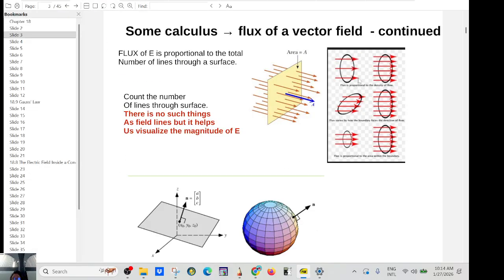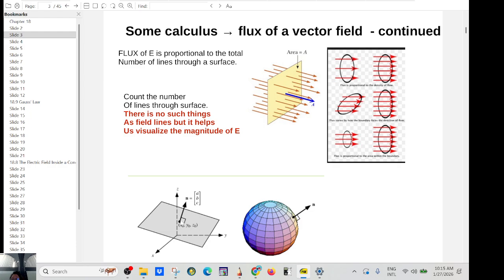So again, the flux depends on, of course, how strong the field is. For example, if the water is flowing faster, the velocity is larger, so you're going to catch more water during the same amount of time. It depends on the tilt, so that will be the cosine between the normal and the vector, and it depends on the size of the area.